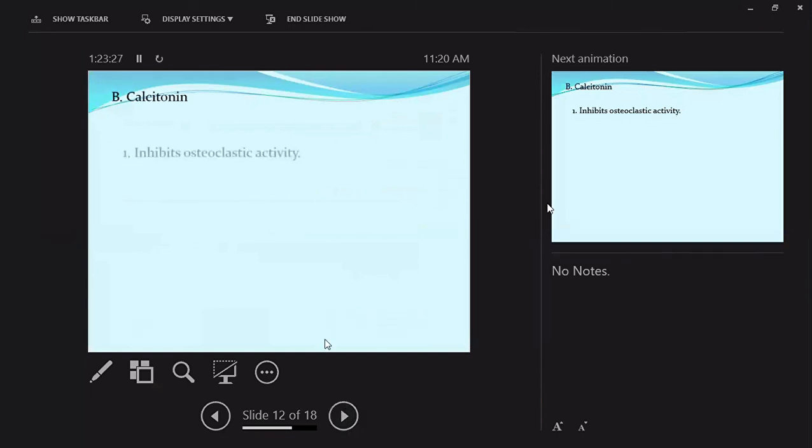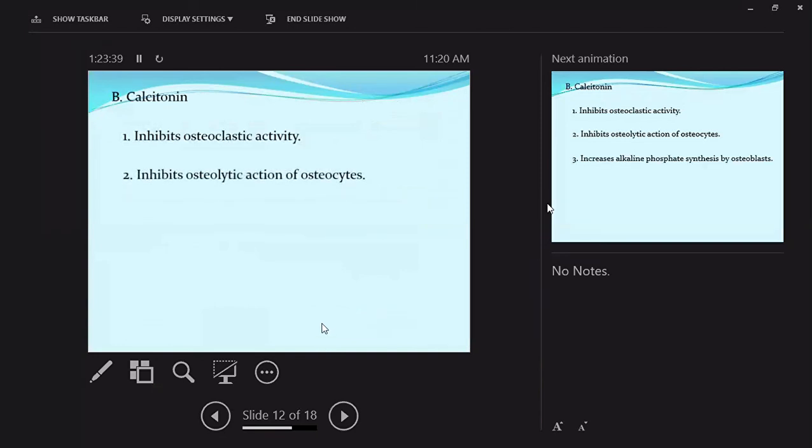Your calcitonin inhibits osteoclastic activity. It inhibits the osteolytic action of your osteocytes. It increases alkaline phosphatase synthesis of osteoblasts.